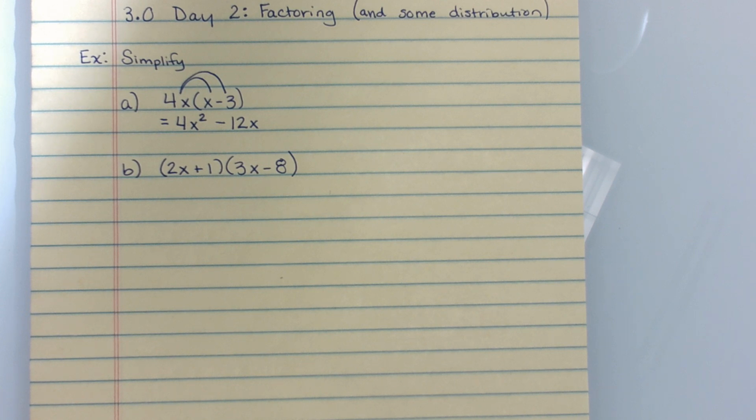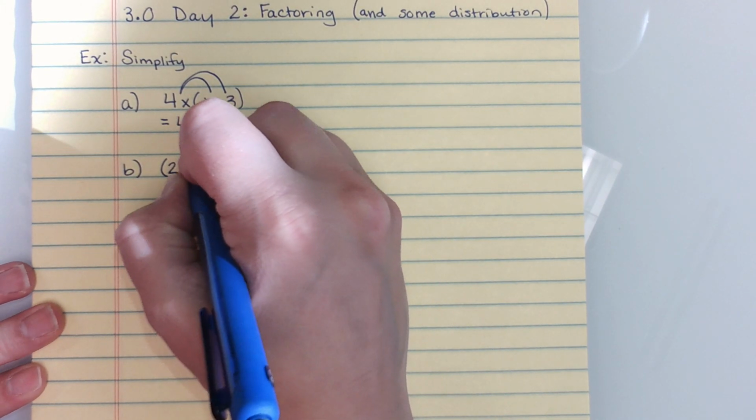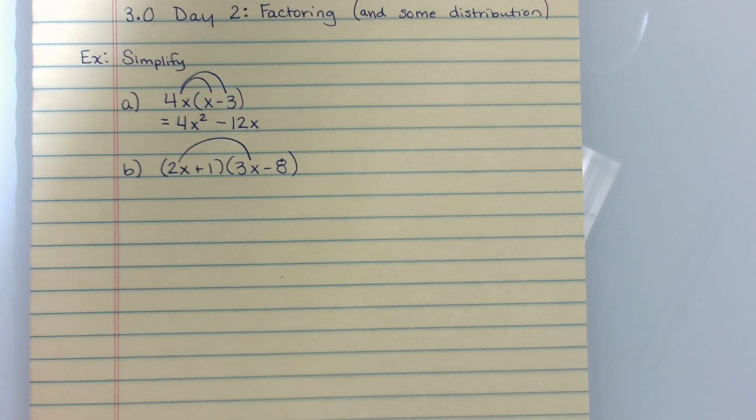When you're distributing and it's multiple parentheses, everything in the first set of parentheses gets multiplied by everything in the second set of parentheses. For some reason, this is causing some issues with some people. So, I FOIL it out. First, outside, inside, last. Some of you might remember from algebra doing kind of a box. If you do the box, you can do the box. You just will never see me do the box.